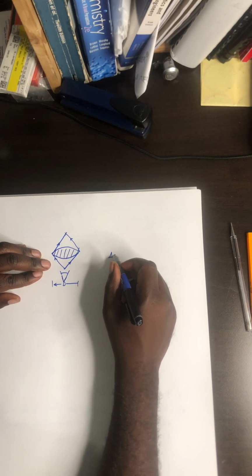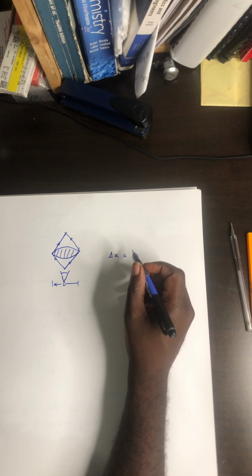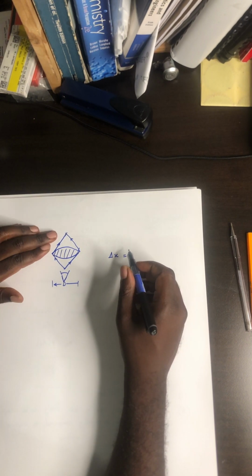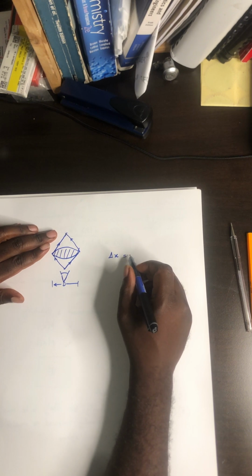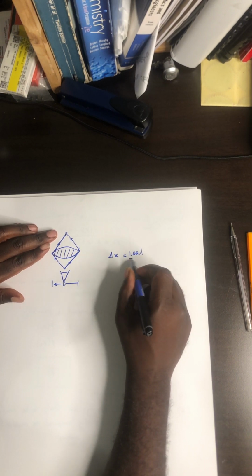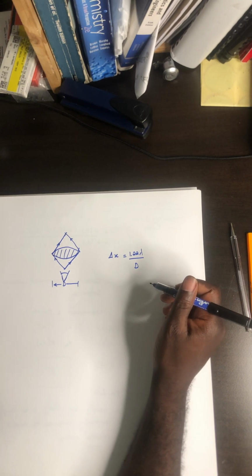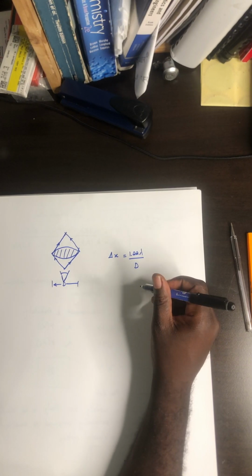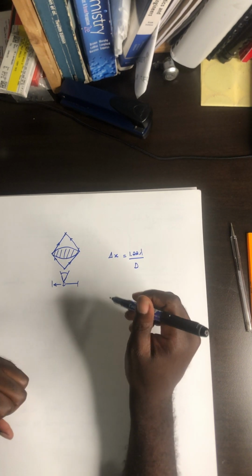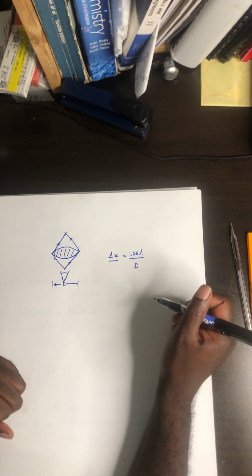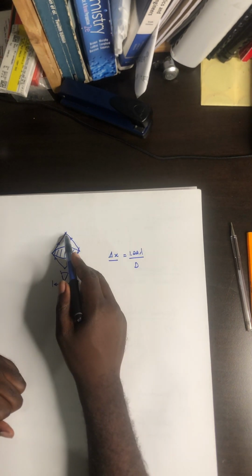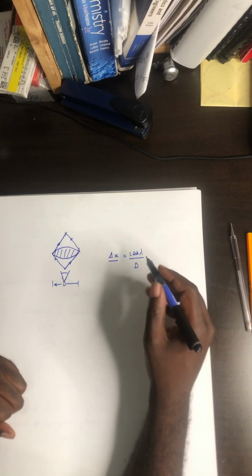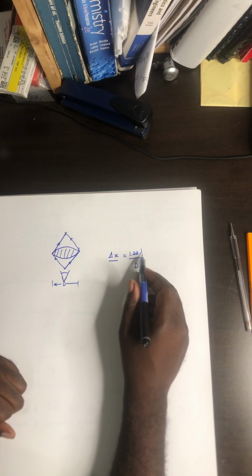And from optics, the uncertainty in the measurement of the position, delta x, is given by 1.22 lambda over d, right? This is, I think, called the Rayleigh resolution criterion or something like that. So in order to reduce the uncertainty in the position measurement of our electron, we have to use waves or photons of large wavelength.